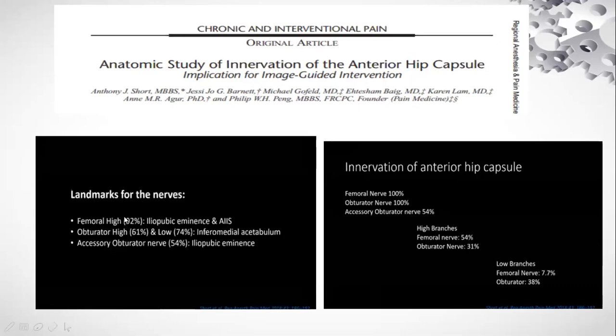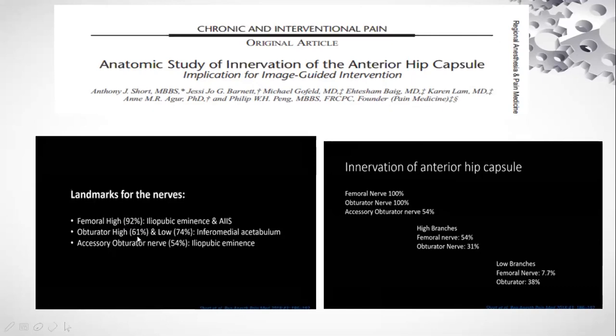In the cadavers that they dissected, they found that 92% of the femoral articular branches were high, which means that they were giving out branches above the inguinal ligament. The locations they found were the iliopubic eminence and the anterior inferior iliac spine. Between these two locations, they found 92% of femoral nerve branches during the dissection.